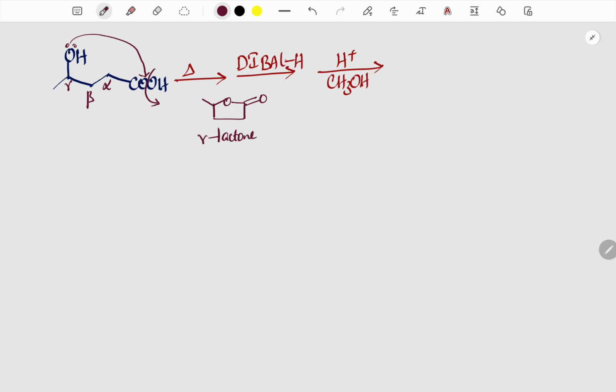Gamma lactone, a cyclic ester. Now the lactone is treated with DIBAL-H. So nucleophilic substitution takes place and finally the corresponding alcohol and aldehyde is formed. So here we are having alcohol and aldehyde.